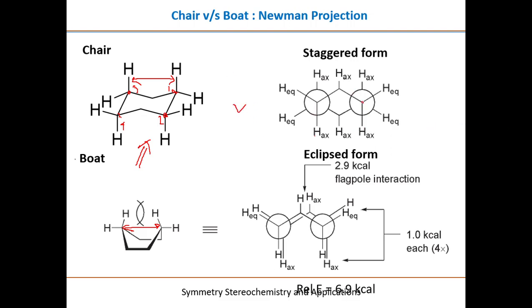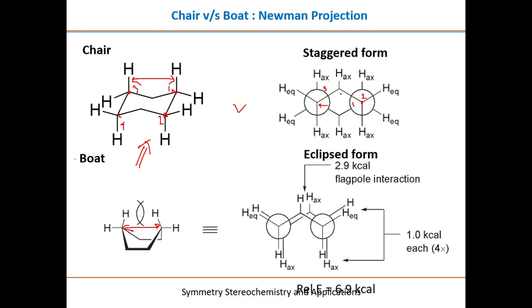So this is the front carbon 2, this is the back 1, 2, the back one is 3 here, and this is the fourth one. Okay. So you will observe here the strain is less compared to the boat one. Why? Because here we don't have torsional strain.